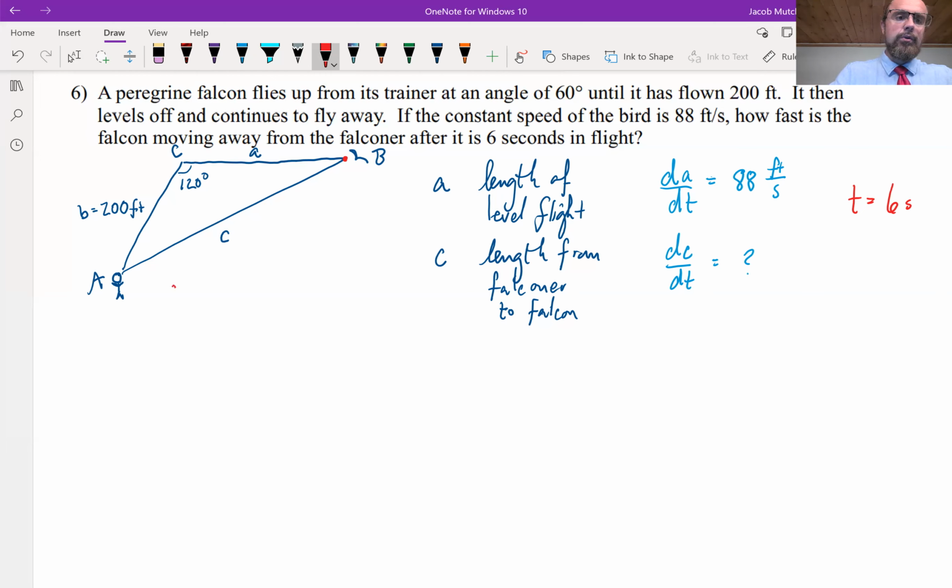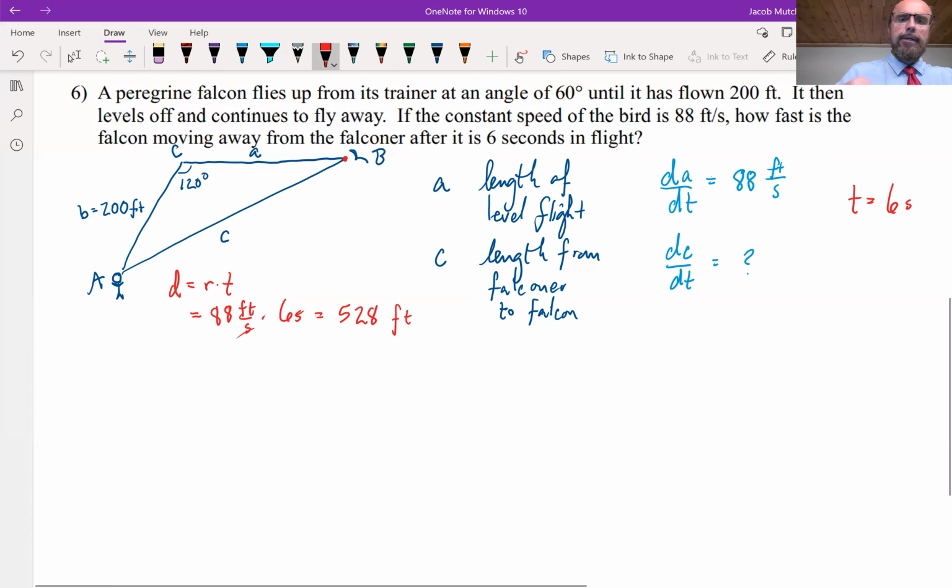if we multiplied the, well, we'd be using this equation, distance equals rate times time. So the whole distance of the bird's flight would be the 88 feet per second times 6 seconds. So if we calculate that out, 88 times 6 is going to multiply to 528. My seconds will cancel and we're left with just feet. Now I can find the length of A if I just subtract from it the length of B, which is fixed at 200 feet.